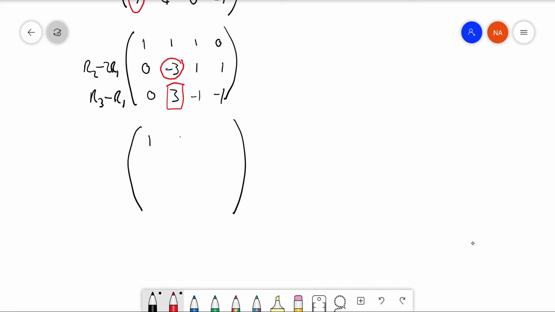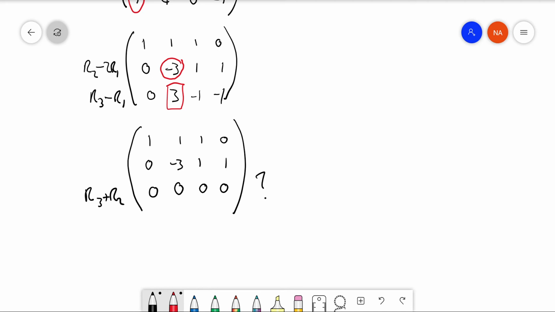I'll leave the top row. I'm going to leave the bottom row for the time being. I'm going to do row 3 plus row 2. That'll give me my 0 there. 0, 0. But now I've got a whole row of zeros along the bottom.